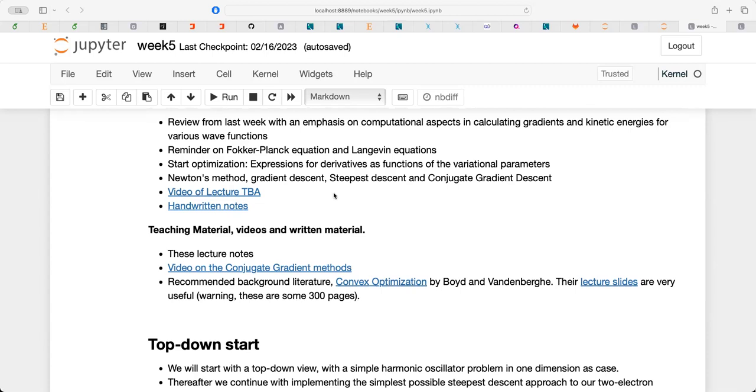For project 2, if you're dealing with neural networks, it will be more convenient to actually think of using stochastic gradient descent, which is the standard method for an optimization of a multivariable function. Okay, so let's switch to the whiteboard and go through the basic elements which we need to set up.